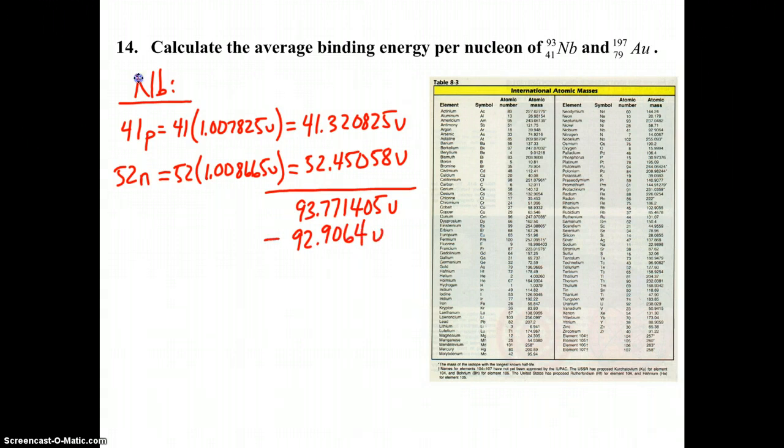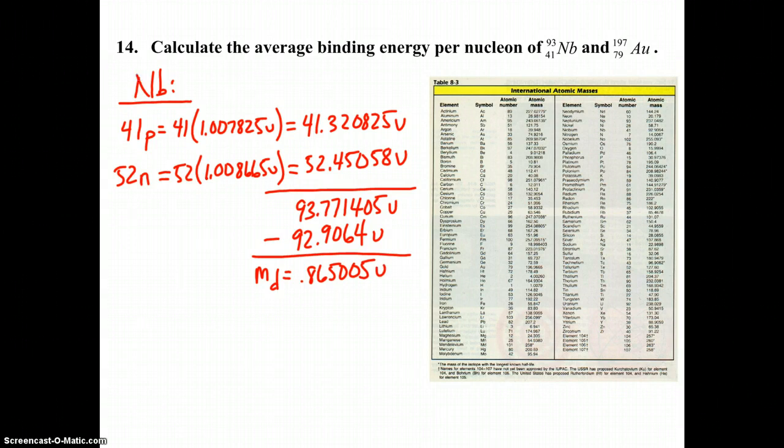So the mass of the sum of the parts is greater than the mass of the whole itself. We subtract that value to get our mass defect, which is 0.865005 atomic mass units.